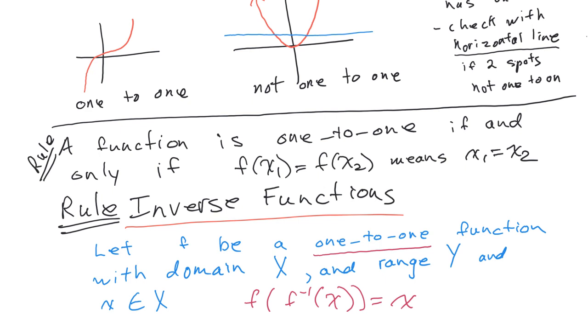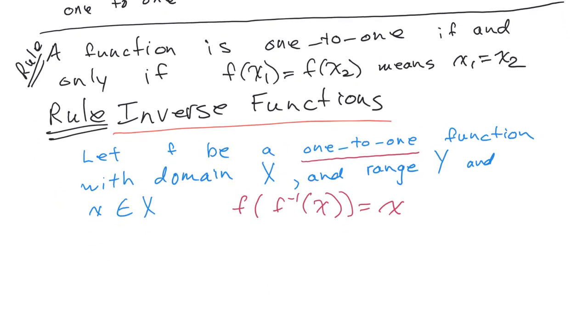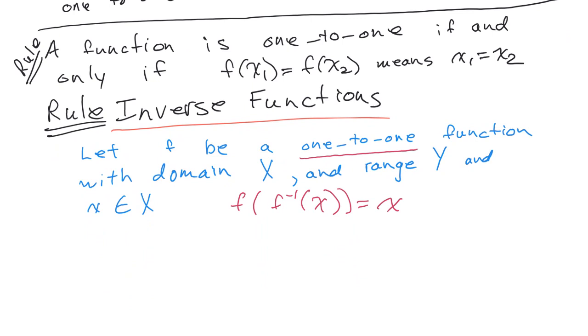Okay, so now we have f of f inverse of x is equal to x. We also have one more thing we should say, and this is also true: f inverse of f at x is equal to x as well. So those two things can happen.